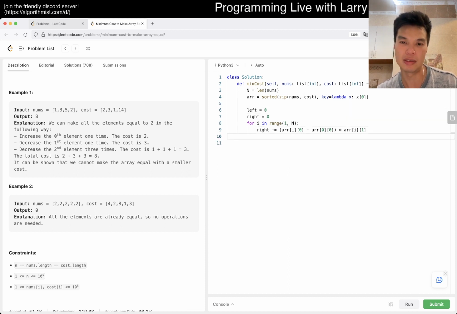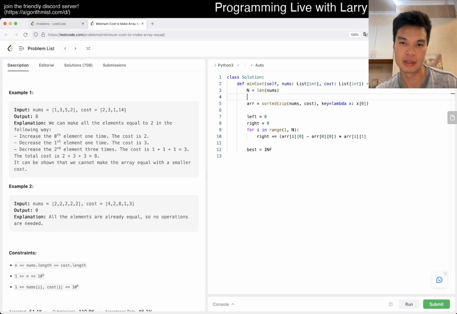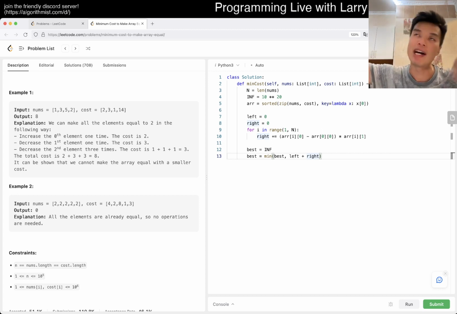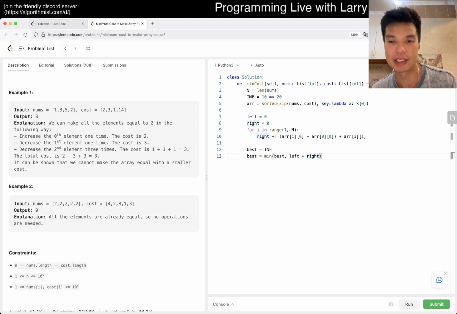So now best is equal to infinity. Take the min of best, left plus right first. Basically, this is the cost of all the numbers. I call it the right because I'm imagining a number line and we're going from left to right, from small to big, and as we make a transition, we figure it out.